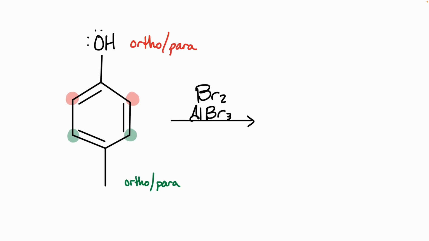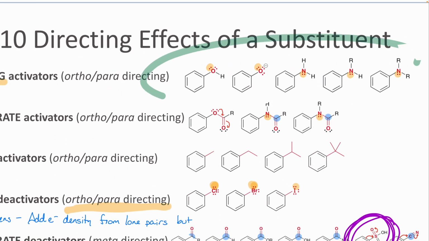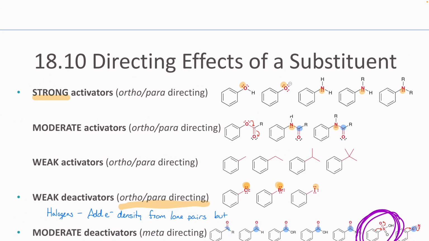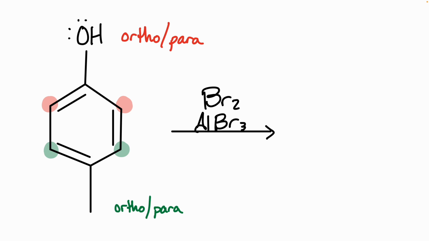So then which one is going to win here when I draw my product? All right, that's when our strong, moderate, weak business comes into effect. All right, if I look, those lone pairs directly next to the ring, those are our strong ortho-para directors, whereas those alkyl groups are considered to be weak ortho-para directors. All right, so not only can I say ortho-para, but this one's a strong, and this one's a weak.